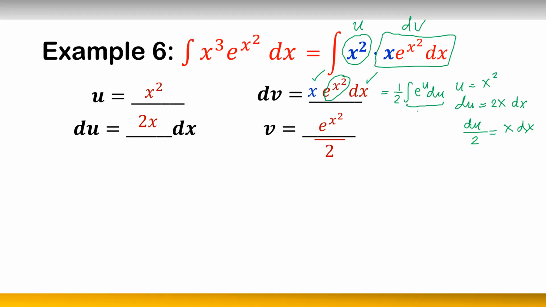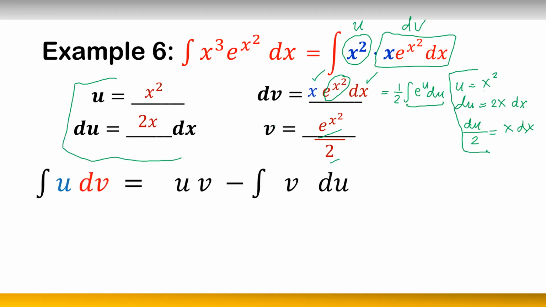This is e to the u already, pero ang u natin is x squared. So ayun, bumalik na tayo sa original variable over 2. Babalikan mo kagad yung original variable kasi you don't stick to the u's and du's here, kasi dito yung focus natin na u and du. Okay? So ayun, balikan natin yung ating IBP or integration by parts.